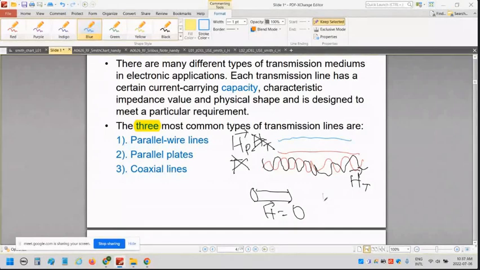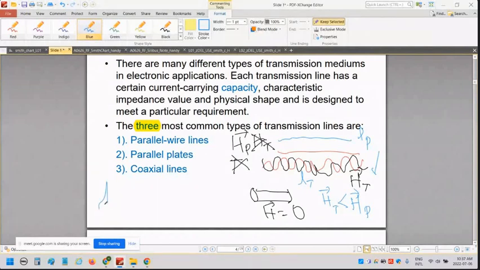The magnetic field of the twisted one is less than that of the parallel one. That's why today TMB chooses the twisted pair cable.